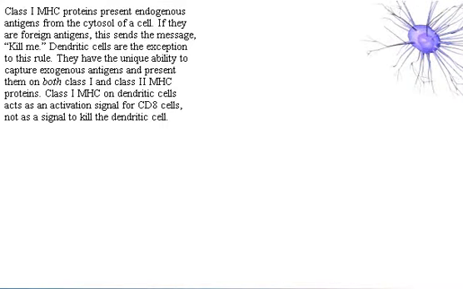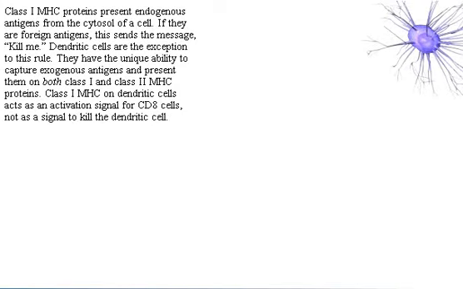Earlier, we said that class I MHC proteins present endogenous antigens from the cytosol of a cell. If they are foreign antigens, then this sends the message, "Kill me." However, dendritic cells are the exception to this rule. They have the unique ability to capture exogenous antigens and present them on both class I and class II MHC.